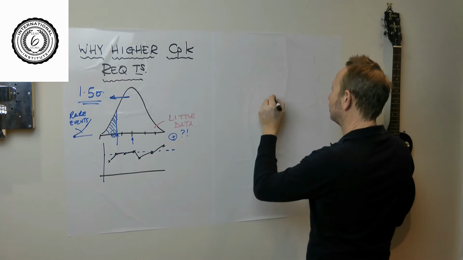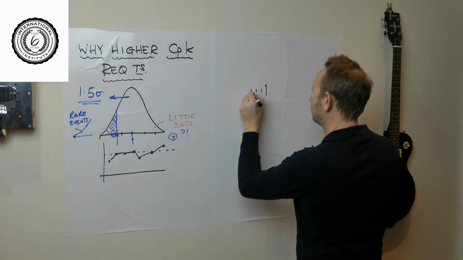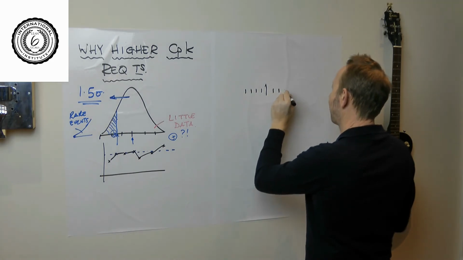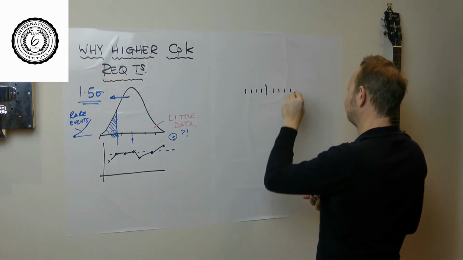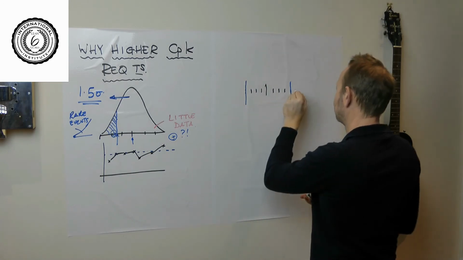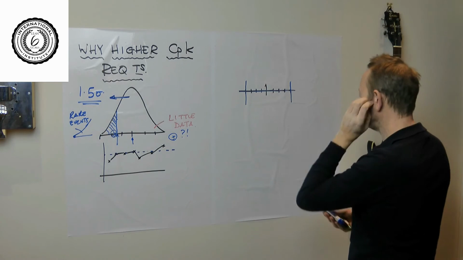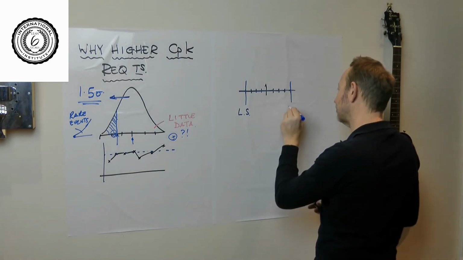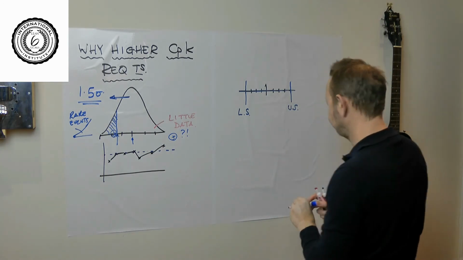So let's have a look. Okay, so what I've done, I've got a tolerance. This is the lower specification limit. This is the upper specification limit.